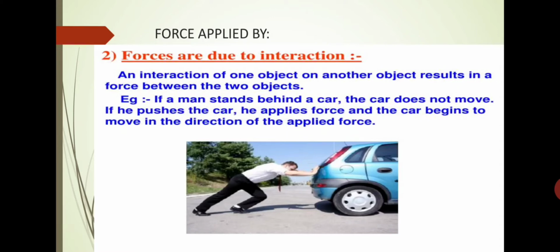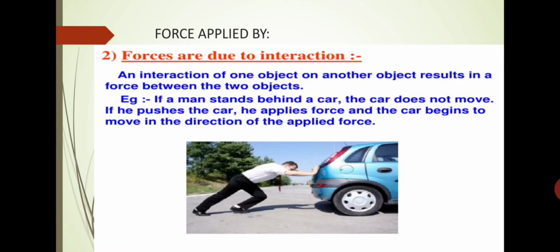For example, if a man stands behind a car, the car does not move. If the man stands quietly without any pushing or pulling, the car does not move. If he pushes the car, as you see in this picture, he applies force and the car begins to move in the direction of the applied force.